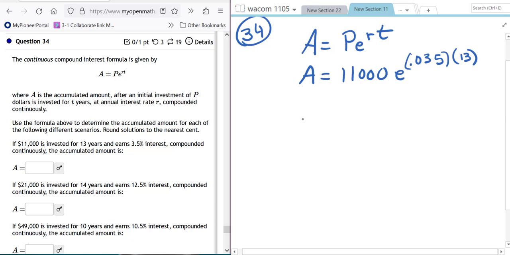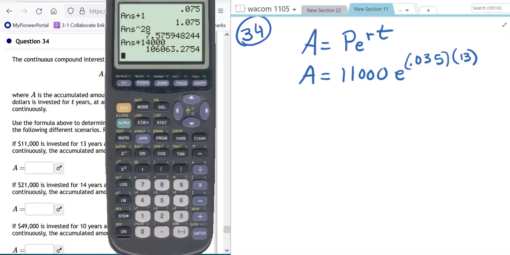Right, and now we're ready to just plug in our calculator. Again, the calculator is only as smart as the person pushing the buttons. You're going to do your exponent before you do this multiplication, but in your exponent position, you have an arithmetic to do. So you need parentheses around that part when you put it in.